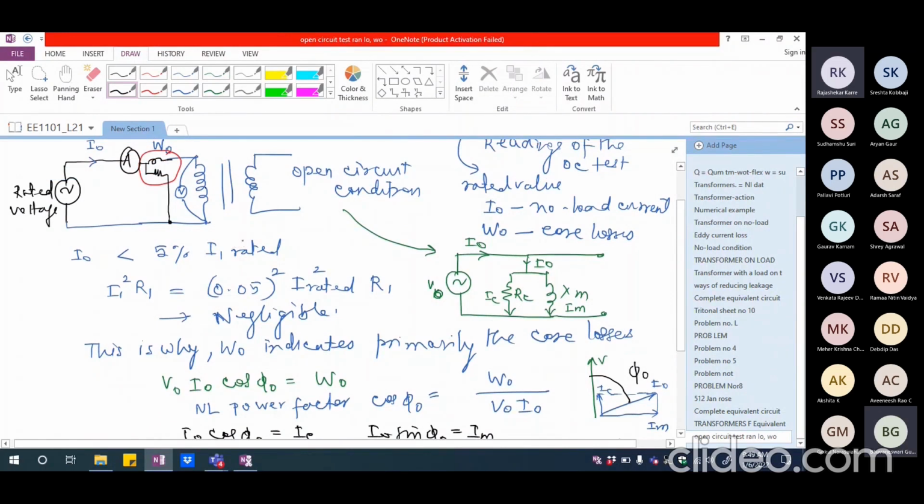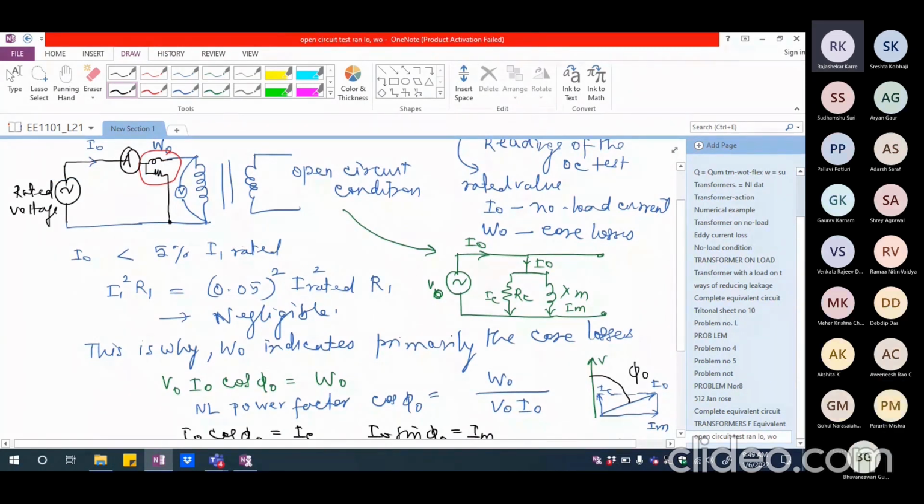If I am applying the voltage on the secondary side, I leave the primary on open circuit. If I am applying the voltage on the primary side, I leave the secondary on open circuit. Which side will I apply the voltage? That depends upon which is your low voltage winding or which is your high voltage winding.